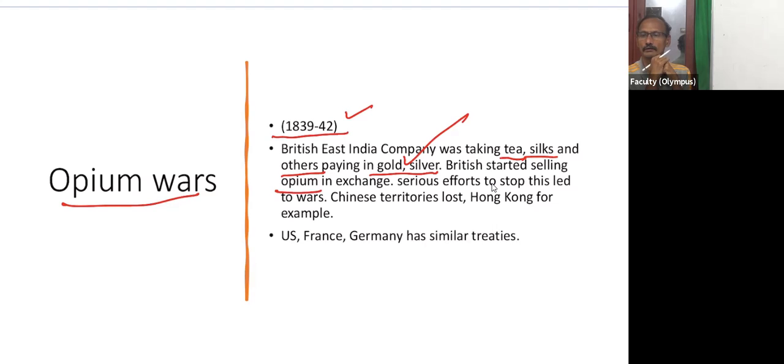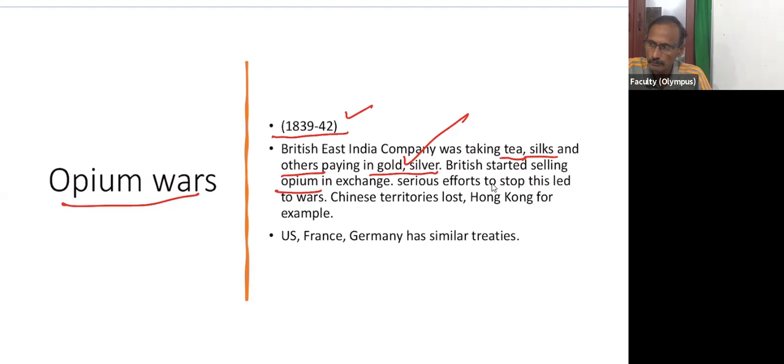And Chinese rulers did not want opium to be sold because it would lead to addiction and many other problems. So they started controlling the purchase of opium. And the British did not want that. So as the emperor started taking more serious measures on import of opium, it led to war with the British. Those wars are called the Opium Wars.